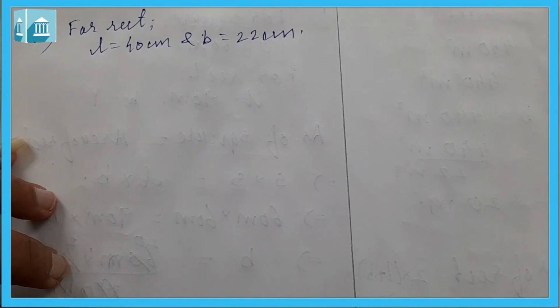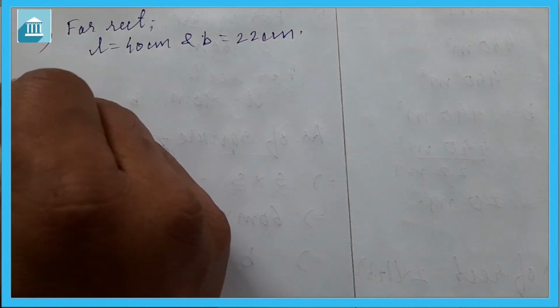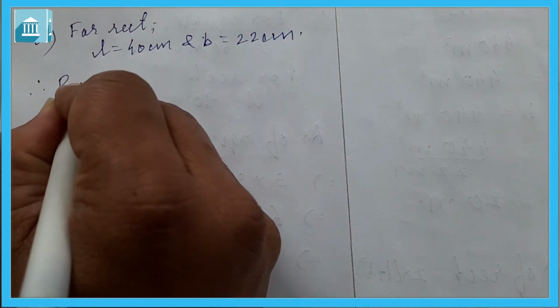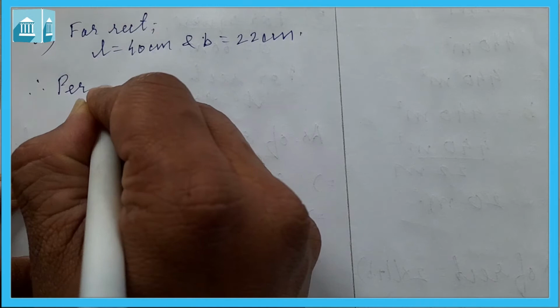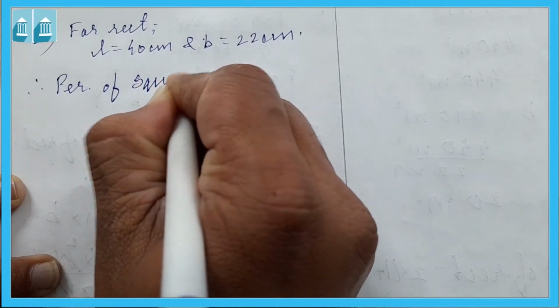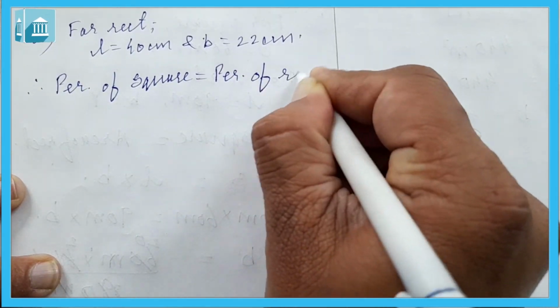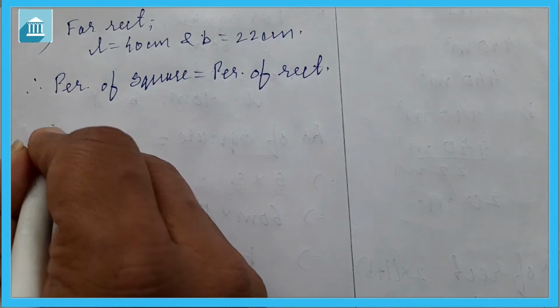Now it is given that the same wire is rebent into the shape of a square. It means that the perimeter of the square is equal to the perimeter of the rectangle.